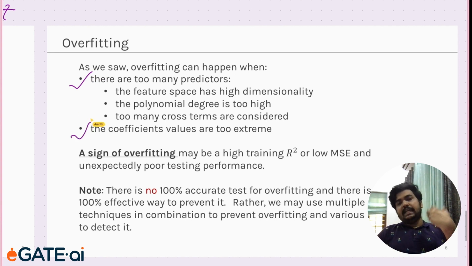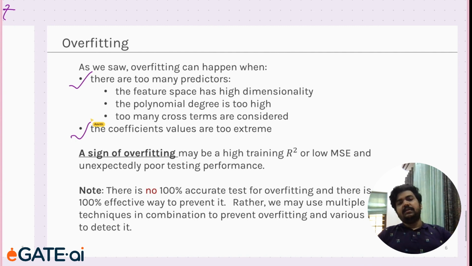Predictors are the inputs that we decide upon, and the coefficients are the values that are learned via the function. When we talk about predictors or features, one possibility is that there are too many of them. We have considered too many of them and we don't have enough training data points to support those many predictors.